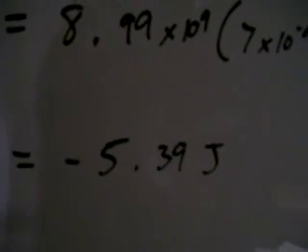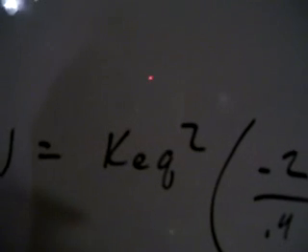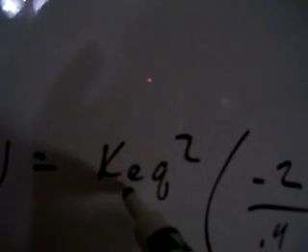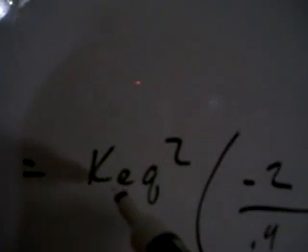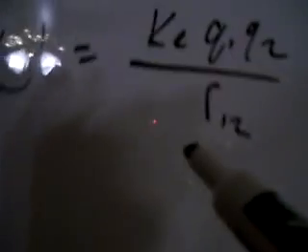And that comes to a value of negative 5.39 joules. And it's joules because of what we're multiplying up here. I'm not going to go into the actual unit of Coulomb's constant, but we know that this equation gives us joules, and that's the equation that we're using with meters, coulombs, and this constant. So we know it's going to come out to be joules.